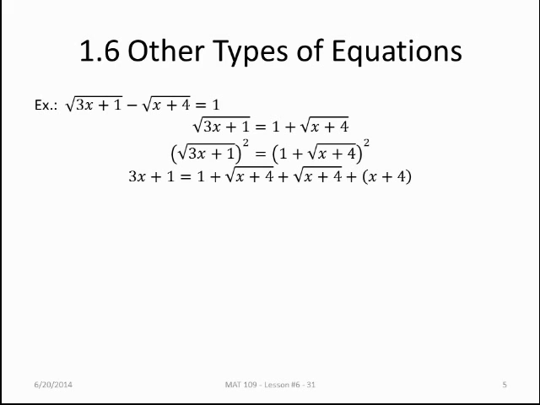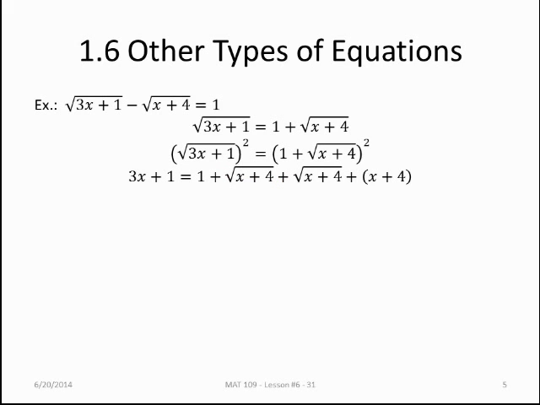Now simplifying, I can combine my two radical terms. If you remember, if the radicals are exactly alike, I can combine the coefficients in front of them. There is a 1 in front of each of those radicals. There's always a coefficient in front of a variable or a radical. It may not show.